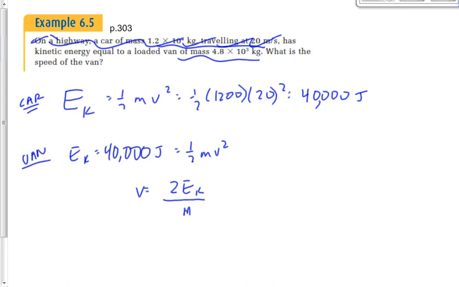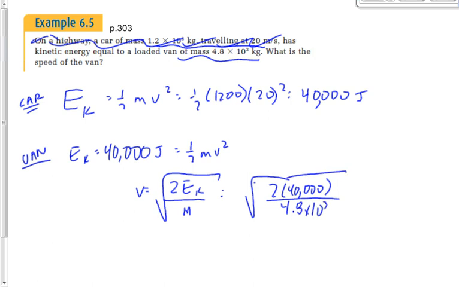Good. Square root both sides. So we end up with the square root of 2 times 40,000 divided by the mass of the van, which is 4.8 times 10 to the 3 kilograms. We end up getting 4.08, or we're going to say 4.1 meters per second.